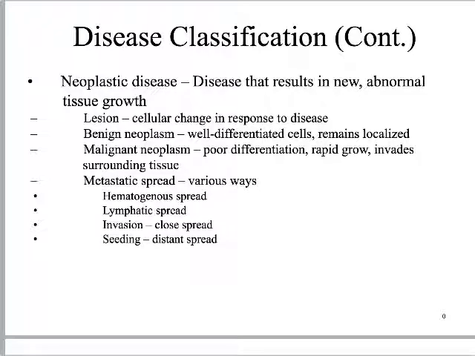Lymphatic spread to the axilla would be a local invasion. It's spread from the breast to the lymphatics at the axillary area, right? That's local invasion. If it goes from there to affect other parts of the body like the brain, we would call that seeding. It has moved through the lymphatic system or through the blood system to a distant area.